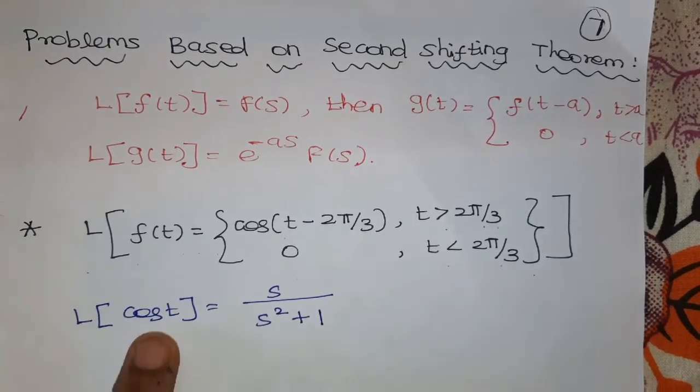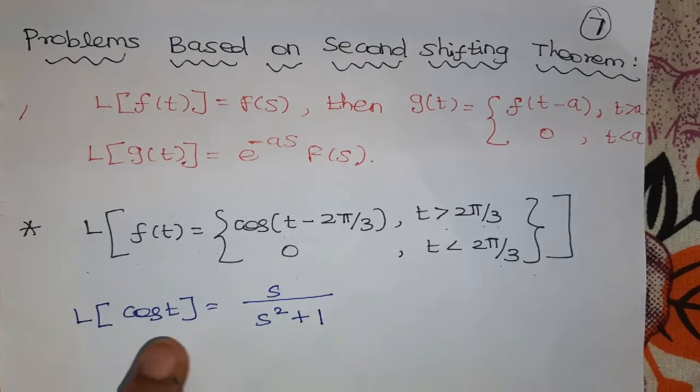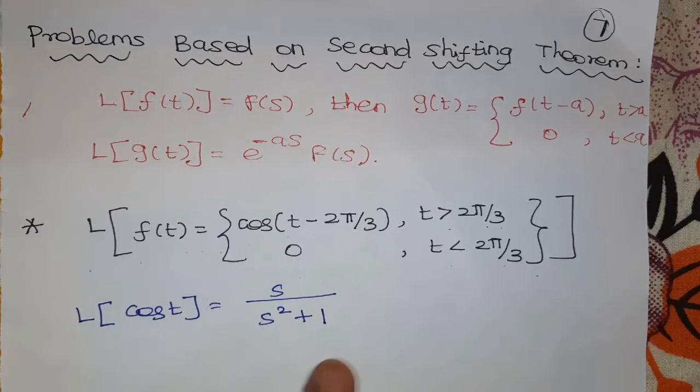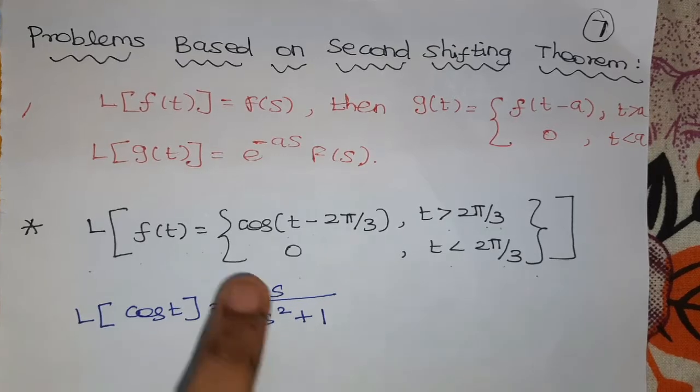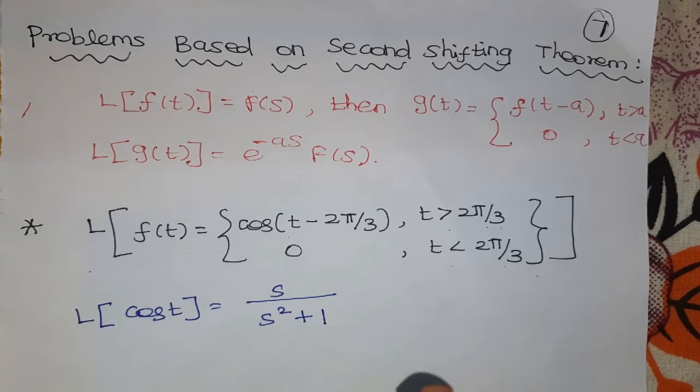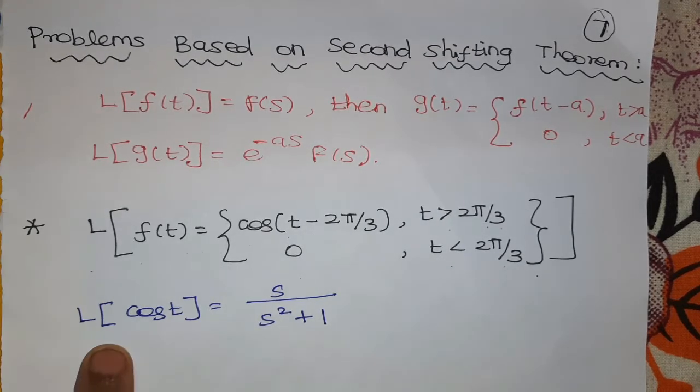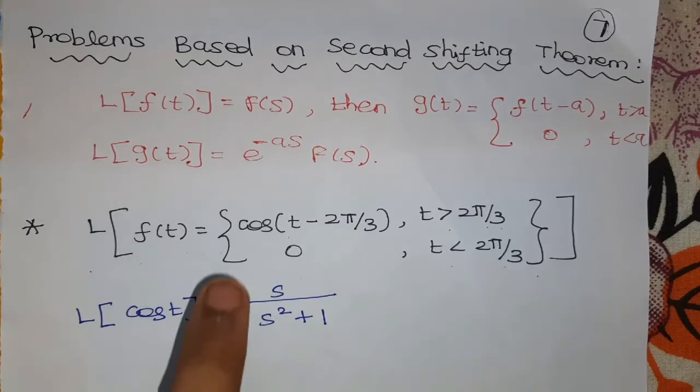We know that the Laplace transform of cos at is equal to s divided by s square plus a square. Here a is equal to 1, so substitute 1 in place of a. So s divided by s square plus 1 is the Laplace transform of cos t.